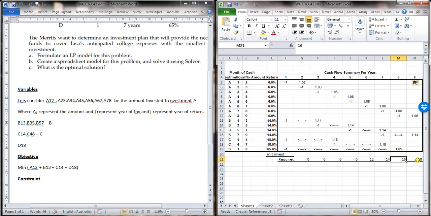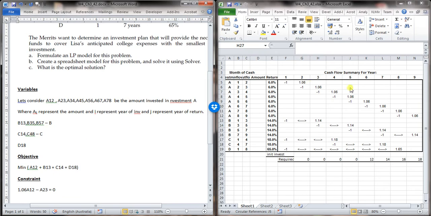In the consecutive years it should be 2,000 more. So we can see this as A12 should be 0. So 1.06 A12 minus A23 should be equal to 0.